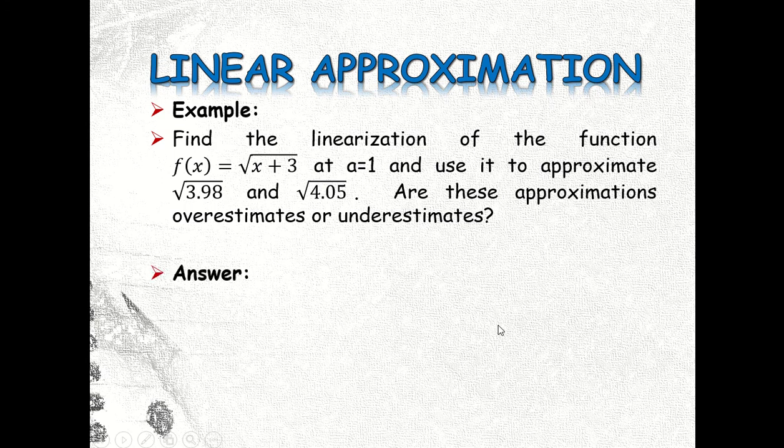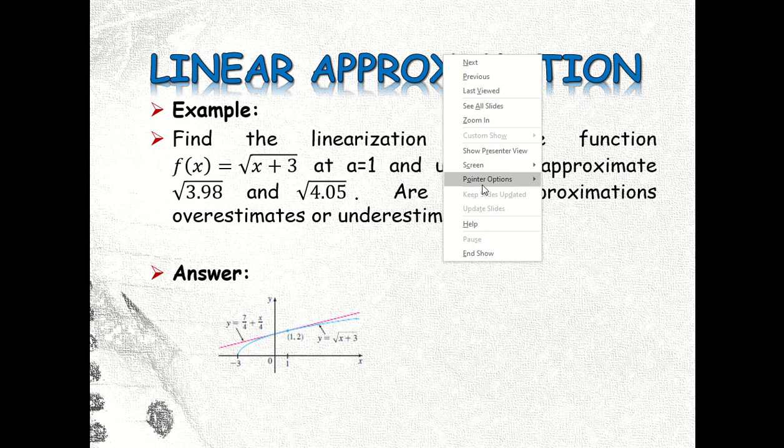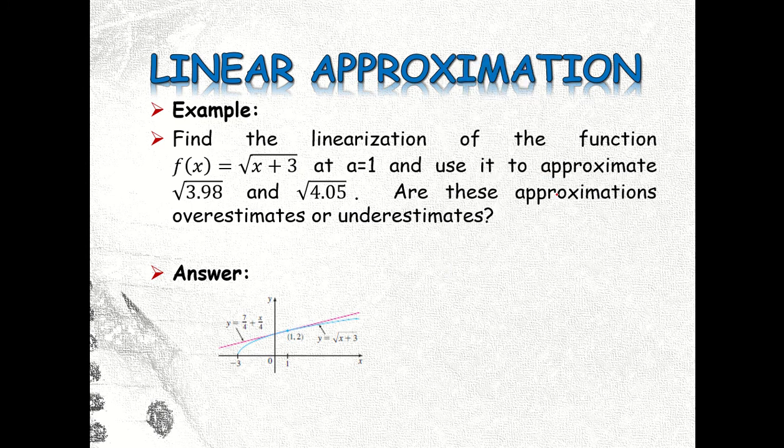Okay, so our solution here, the first thing you do is to give you an idea of what this graph is. You have to graph this. There are at least two methods.